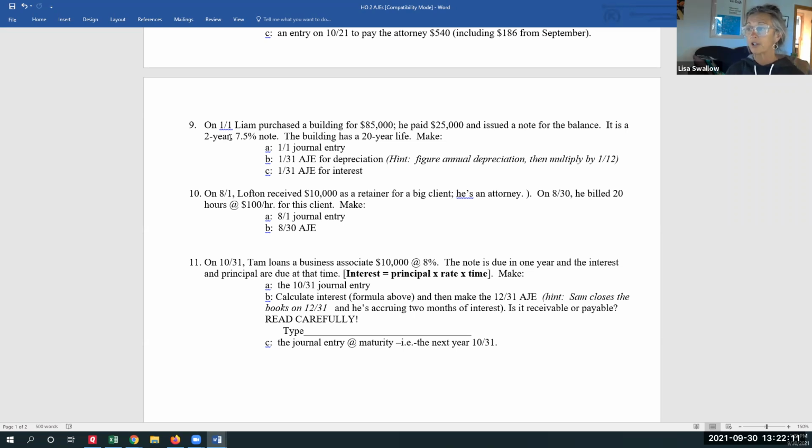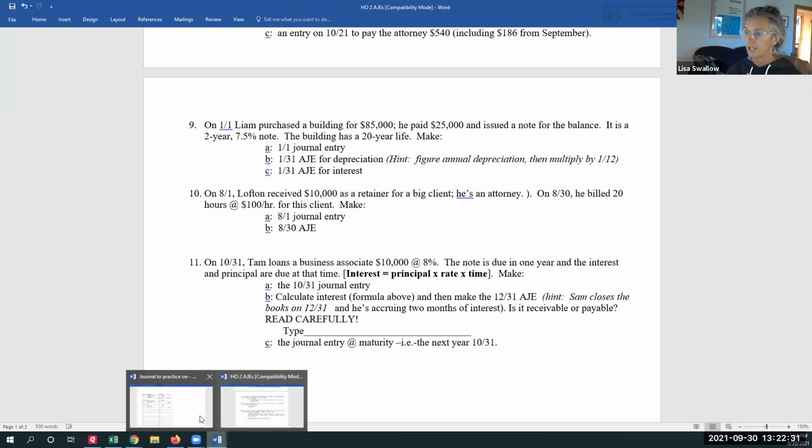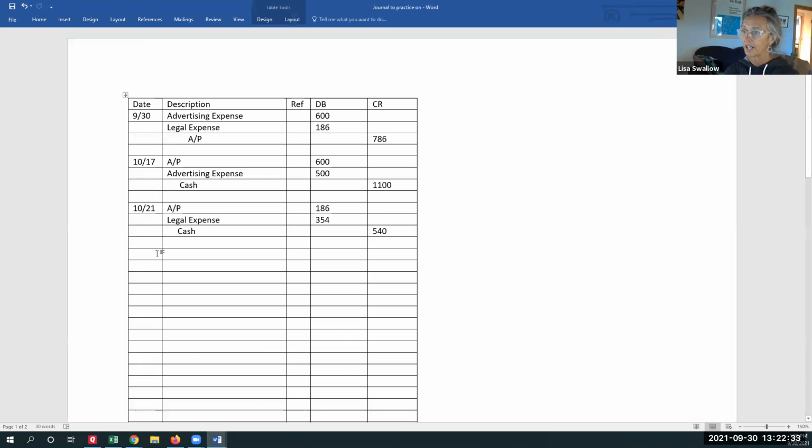And then lastly, you're going to book an AJE for interest. He is going to accrue interest every month. This looks exactly like wage expense, wage payable. Like the last one we just did, it is an accrued expense. So shut the tape off, make these 3 journal entries, and I'll meet you back here.